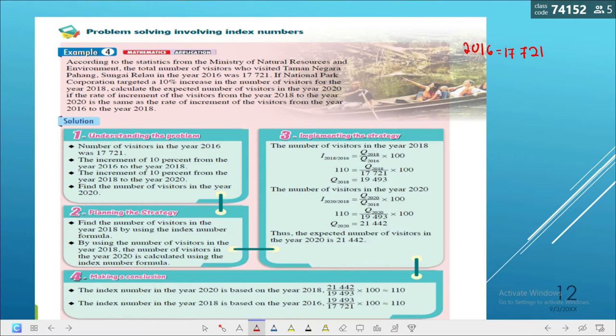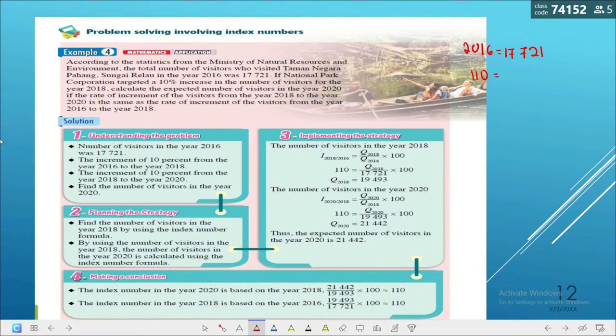If it's 110, it means it increased 10%. If we calculate the index and it becomes 95%, it means it decreased 5%, correct? So for this one, it says increase 10%, meaning 100 plus 10. So the index is 110.